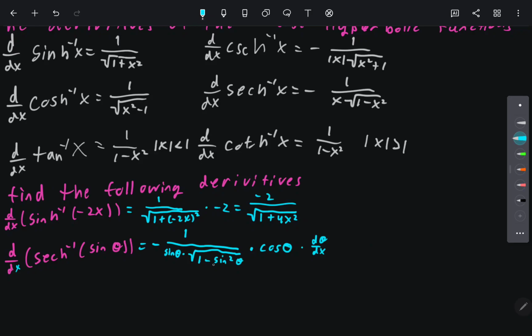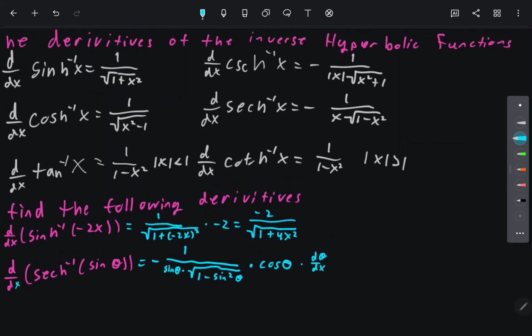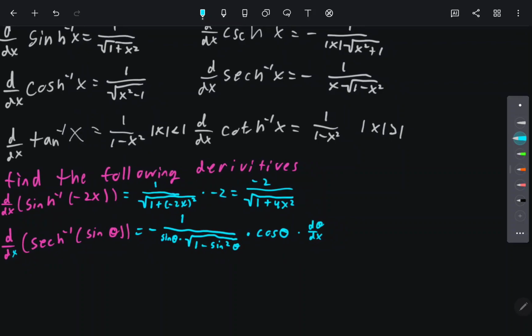You may recognize that this sine times the square root of 1 minus sine squared, using a trig identity, can be simplified. Using our cosine squared of x plus sine squared of x is equal to 1, we can see cosine squared of x is equal to 1 minus sine squared of x.